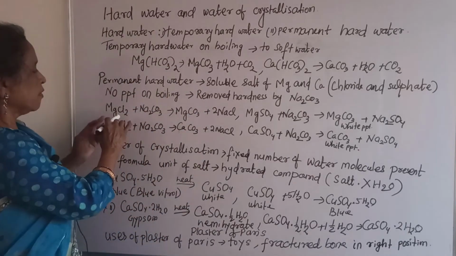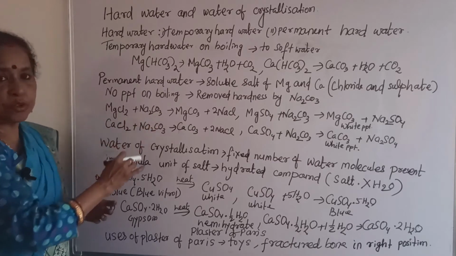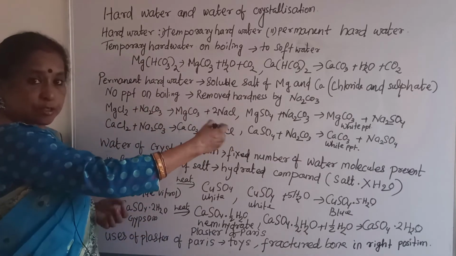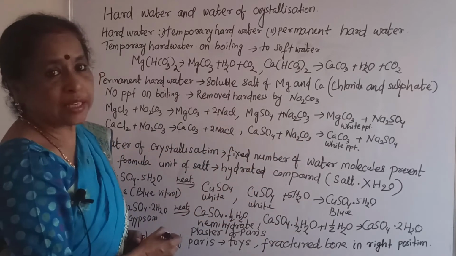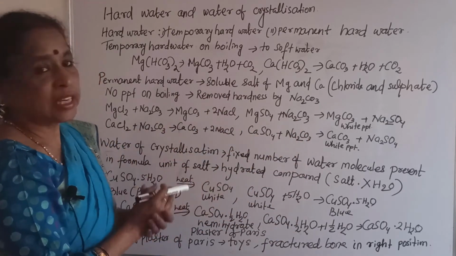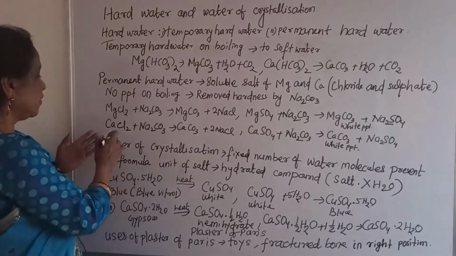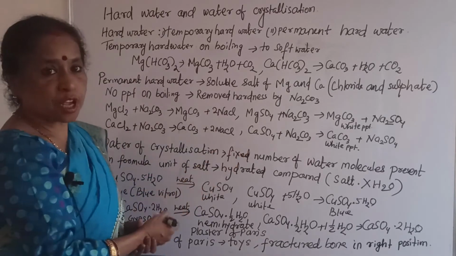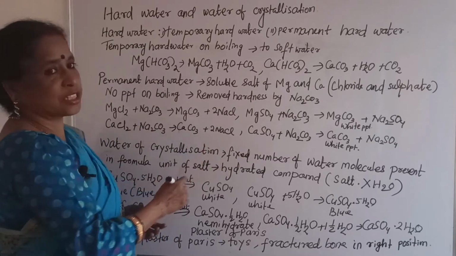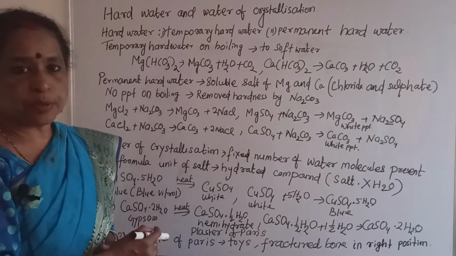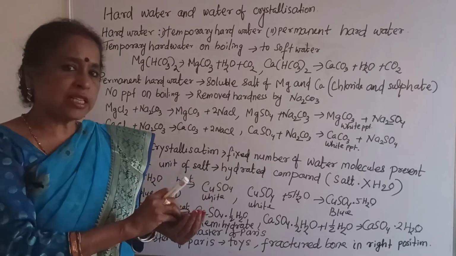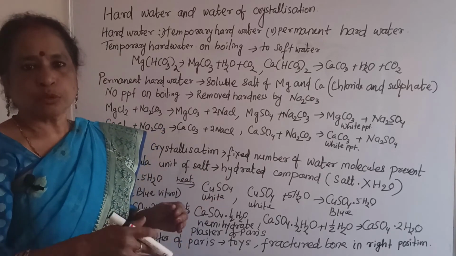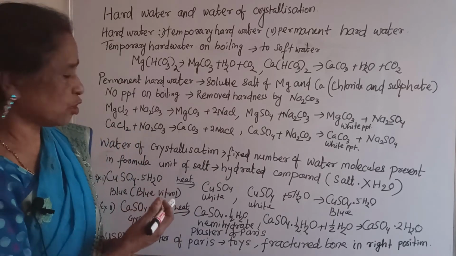Treating magnesium chloride or magnesium sulfate with sodium carbonate gives magnesium carbonate, a white precipitate. Similarly, calcium chloride and calcium sulfate give calcium carbonate, also a white precipitate. So it can be filtered out to get soft water.